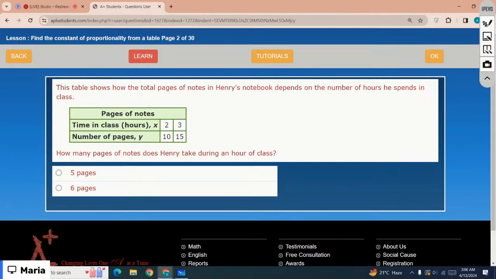That means the pages Henry wrote during an hour of class is 5 pages. The correct option is 5 pages, option number 1.